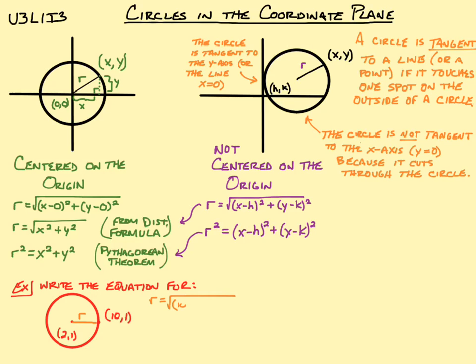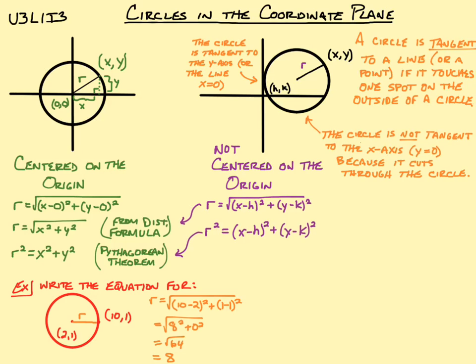So we can use the radius formula, and we could say the square root of 10 minus 2 squared plus 1 minus 1 squared. So just taking x2 minus x1, y2 minus y1, squaring each of those, adding them, square root. So we get the square root of 8 squared plus 0 squared, so that's going to be the square root of 64. So our radius is 8.